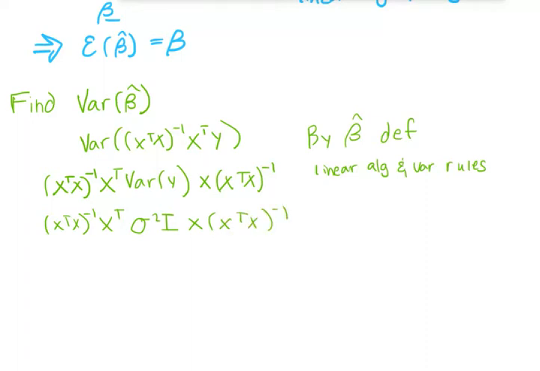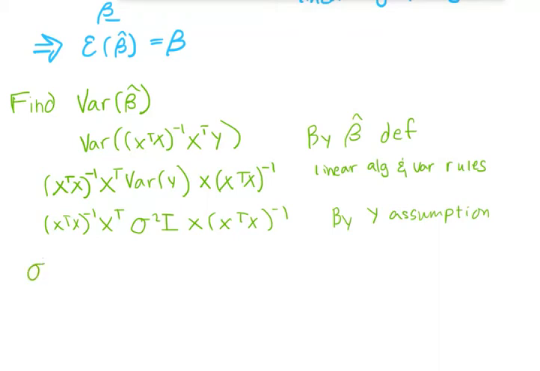This is by the y assumption. I also could have plugged in X beta plus epsilon, because X beta is not a random variable. The X's are observable and constant, and beta is an unknown parameter, which is not a random variable, and then I could have taken the variance of epsilon instead. This is a little faster, but that way would have also worked.